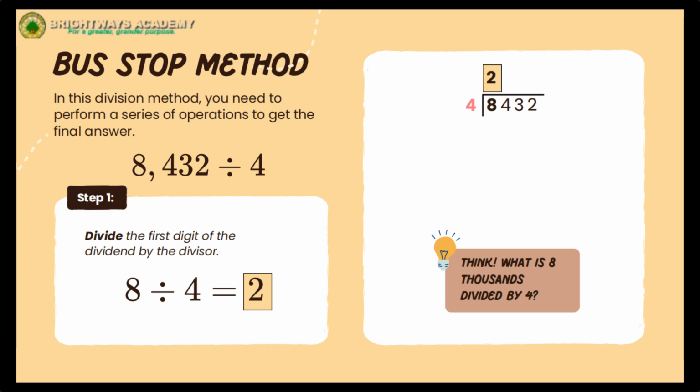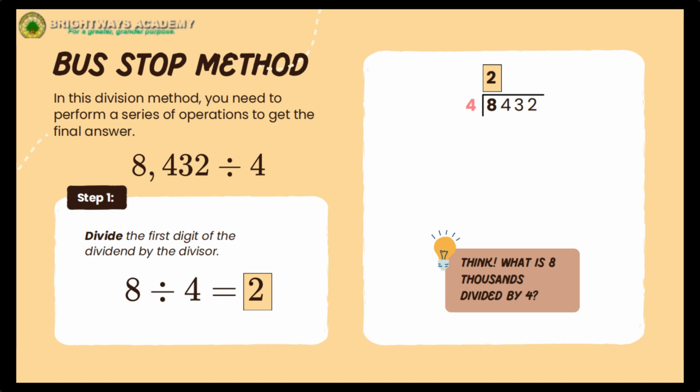We have first the division, followed by the multiplication and the subtraction. So first, write it in the division format. So, the dividend is on the inside and the divisor is on the outside of the division symbol.